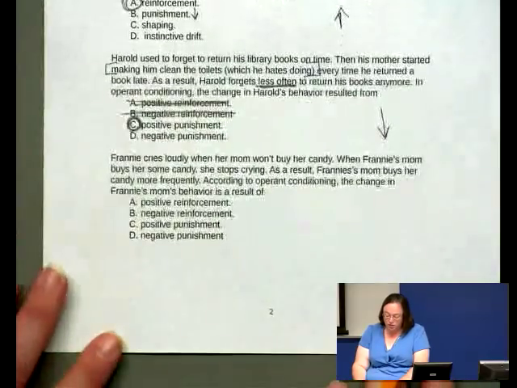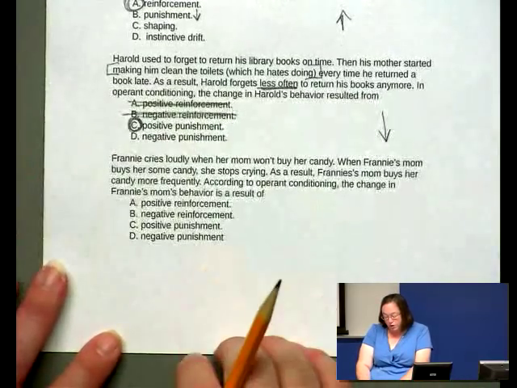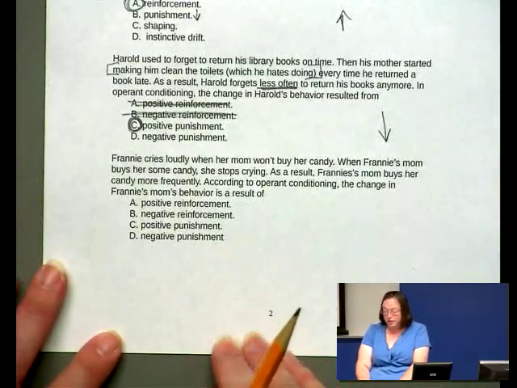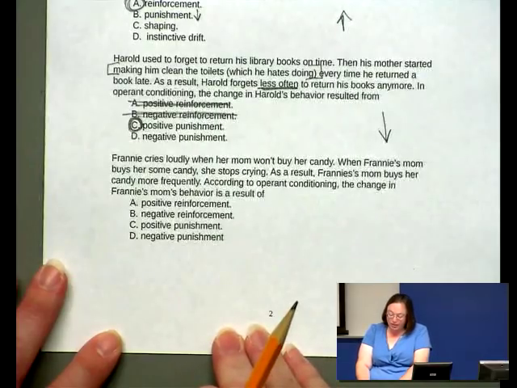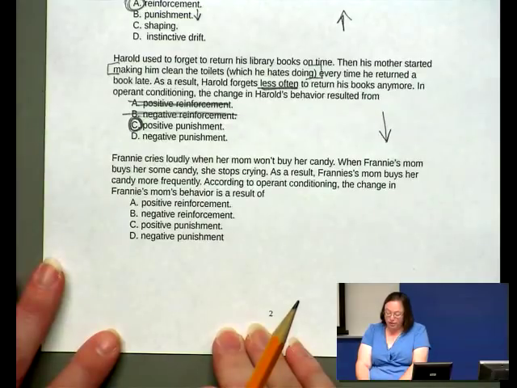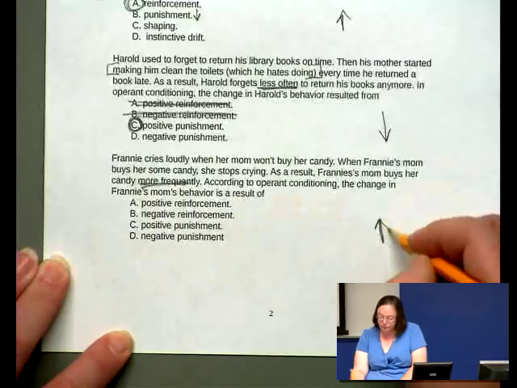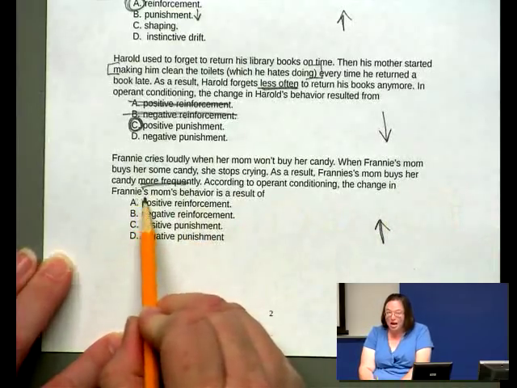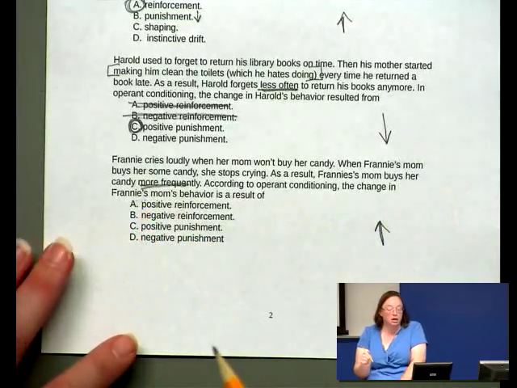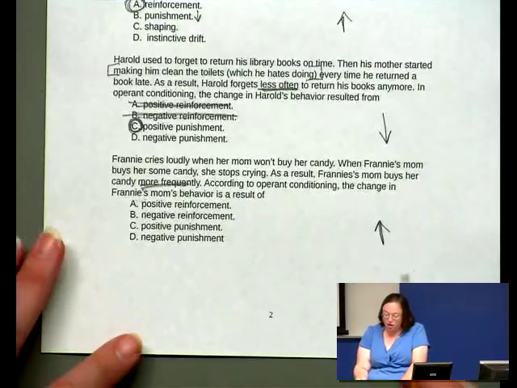And then our last one, which is Franny. Franny cries loudly when her mom won't buy her candy. When Franny's mom buys her some candy, she stops crying. As a result, Franny's mom buys her candy more and more frequently. So here, how is Franny's mom being conditioned?